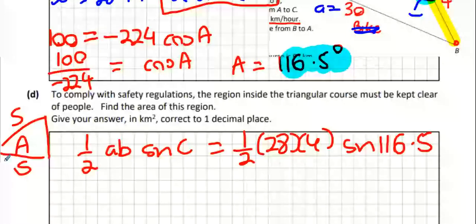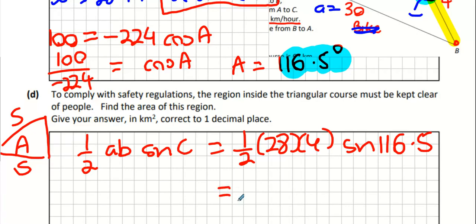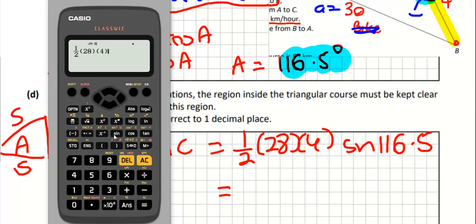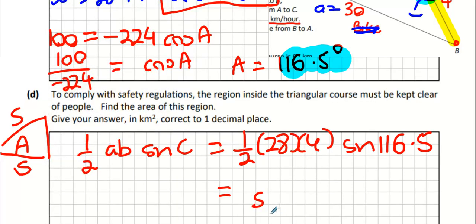I'm going to throw all that into the calculator. A half times 28 times 4 times sine 116.5, and we get 50.11, or 50.1 kilometers squared.